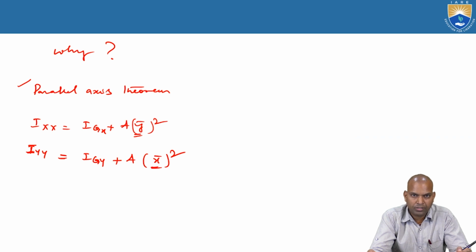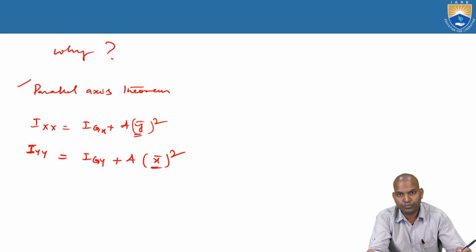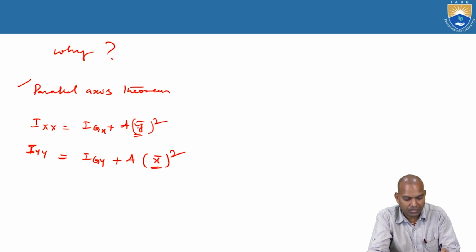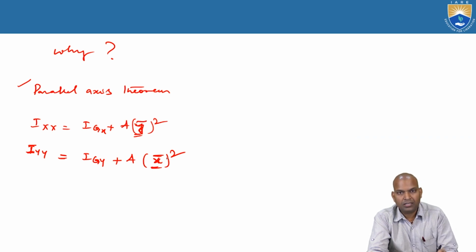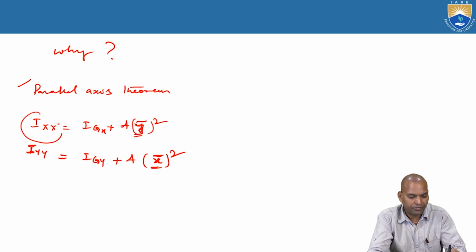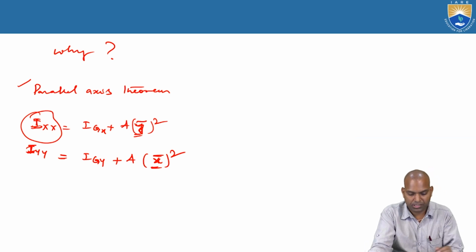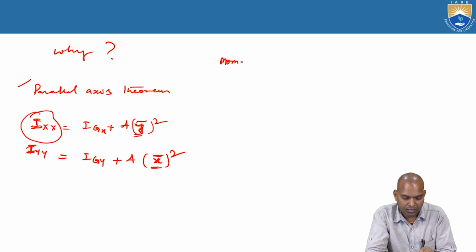In the case of soft computing, you consider that an algorithm, a computation model. Now the point is that bar y and bar x are necessary to calculate the moment of inertia. What type of moment of inertia? Again, there are two types of moment of inertia.